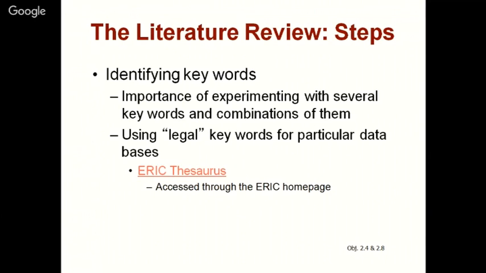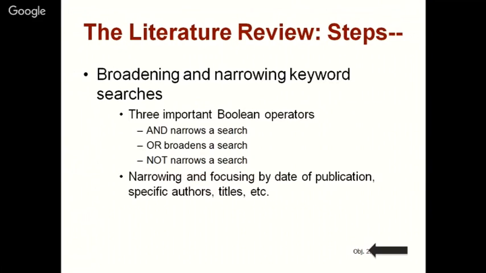What are the four ingredients here? Relationship, leadership style, job satisfaction, and employee commitment. So from the title of your study, you can identify the keywords, look into those keywords, and you can broaden or narrow the keyword search.